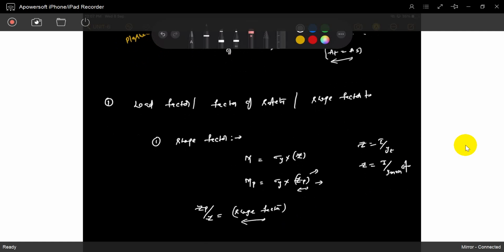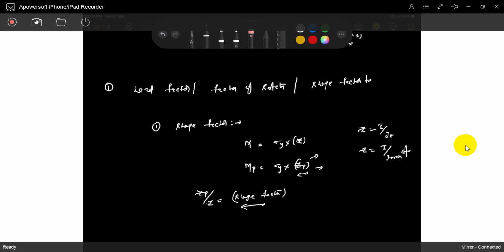Sir, why is it useful? By this you can say how much strength is stored beyond the elastic point. Understood? Say one section is an I section, and ZP by Z is something like 1.2. That means if the elastic moment is 50, the plastic moment is 60.